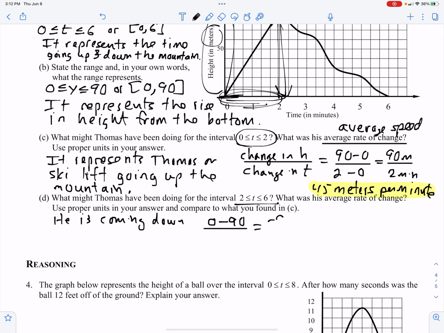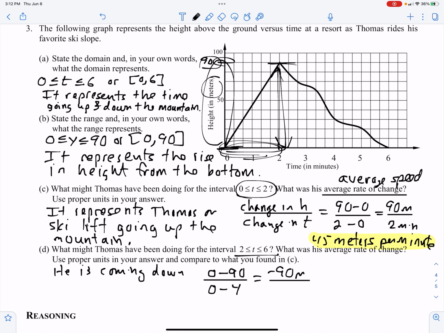So that's going to be negative 90 meters over 0 minus 4 seconds, because we're talking about from 6 seconds as the final time, 2 seconds as the initial time. So from 6 to 2, which would be 4 minutes. Okay, and dividing those two, you'll get about negative 22.5 meters per minute.